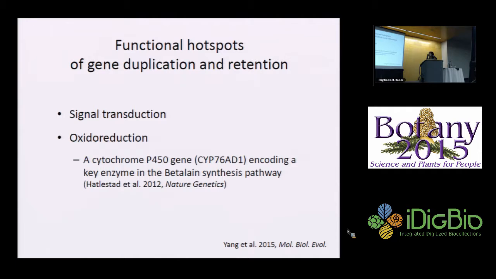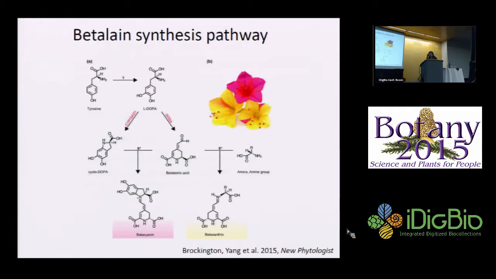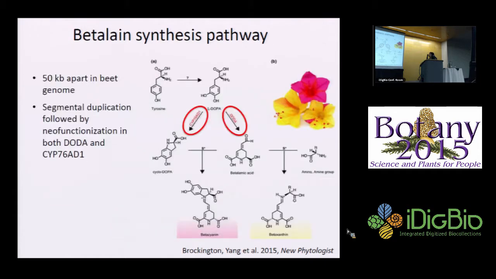Specifically, there is a cytochrome P450 gene that encodes a key enzyme in the betalain synthesis pathway. The betalain synthesis pathway is one of the short pathways in plants. It basically starts with tyrosine and produces either red or yellow pigments. And there are 2 key enzymes in this pathway, which are cytochrome P450 and DODA.